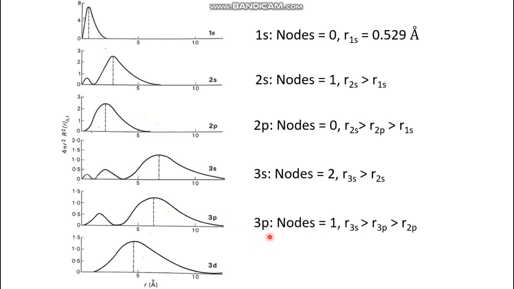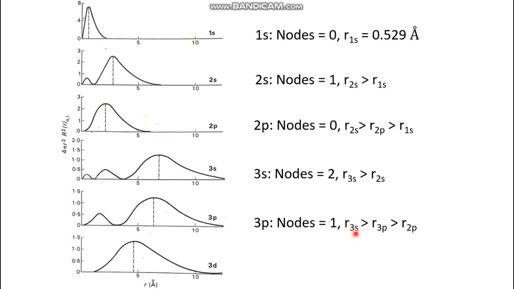And 3p has only one node here. It has two layers, and the maximum must be greater than 2p because the principal quantum number is higher. But if we consider the azimuthal quantum number, then it has shifted to the left. This one is existing here, this one is slightly to the left. So here we can conclude that 3p is greater than 2p, but it is less than 3s.